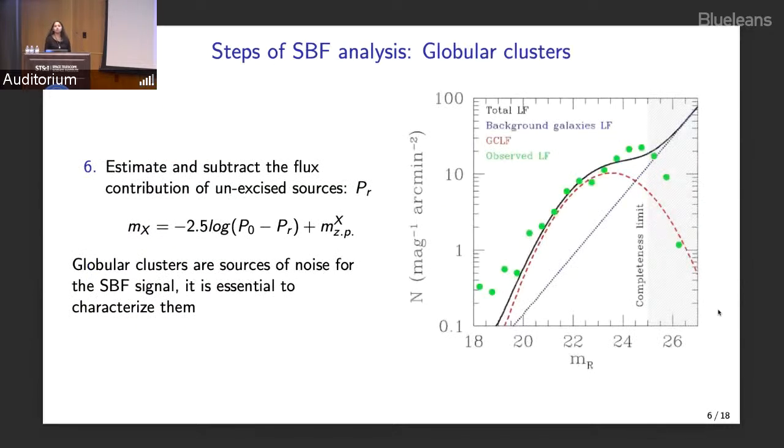One of the major sources of error for the SBF signal comes from globular clusters. And so what this means is that the globular cluster population in these galaxies needs to be characterized very, very accurately in order to get a handle on the underlying fluctuation that is not coming from the underlying stars, but from the globular clusters instead.